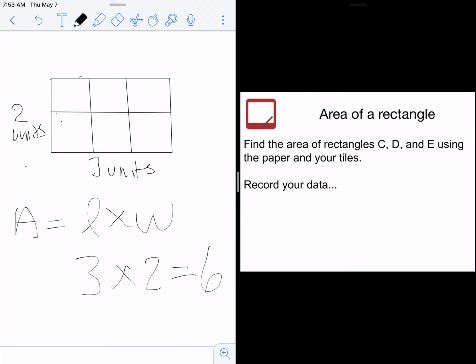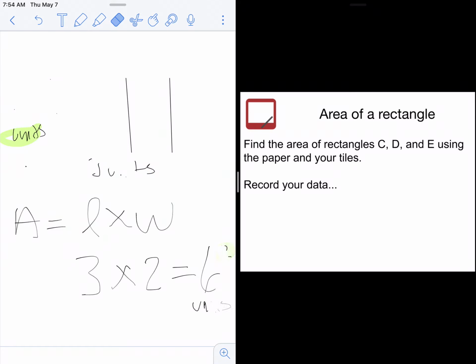It's not just 6; we have to remember it's 6 units squared. We use the word units because that's our label here, units. And we see that 2 times, so that's why we have a 2 here. Okay, so 6 units squared.